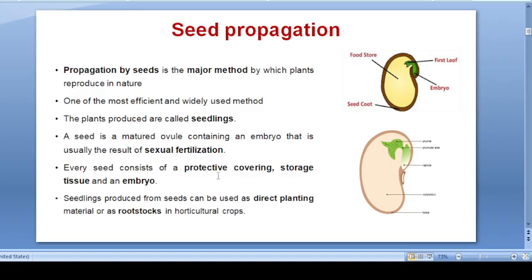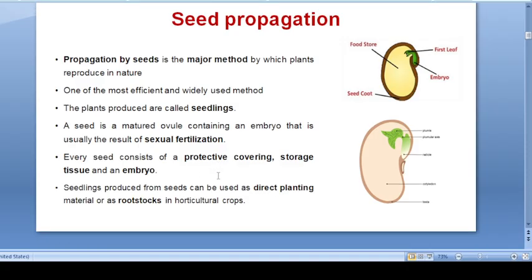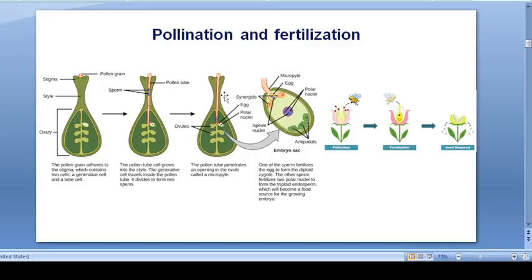And here what seeds are, or how they look, all that we will study. But first, before going to that, you should know how the seed is formed, or what is pollination and fertilization. Being agriculture students, we should be aware of this. This is the ovary, that is the female part, and the pollen grain, this is the male part. By fusion of these two, there will be mitosis and all.